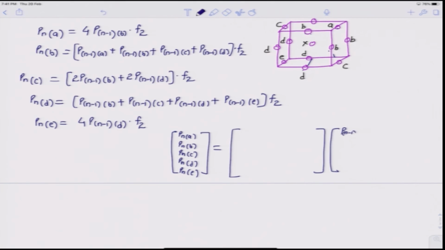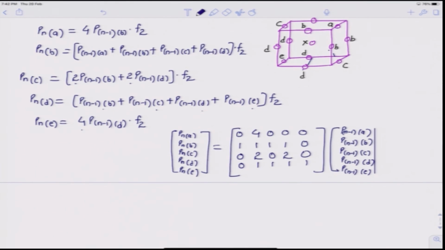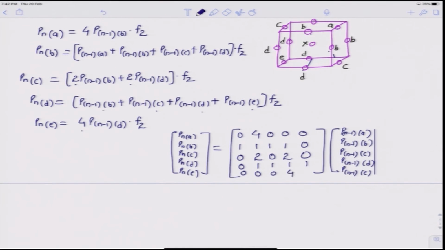We have P n minus 1 of A, P n minus 1 of B, P n minus 1 of C, P n minus 1 of D, P n minus 1 of E, and there would be a 5 by 5 matrix here, which we can write as 0, 4, 0, 0, 0, then 1, 1, 1, 1, 0, then there should be 2 and 2, so 0, 2, 0, 2, 0, then 1 in B, C, D, E, there should be 0, 1, 1, 1, 1, and 4 times Pn minus 1 of E, so this should be 0, 0, 0, 4, 0.